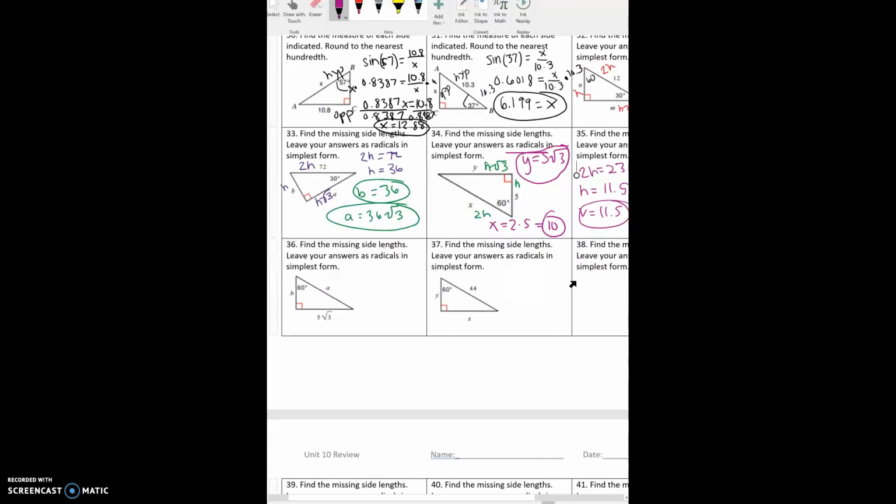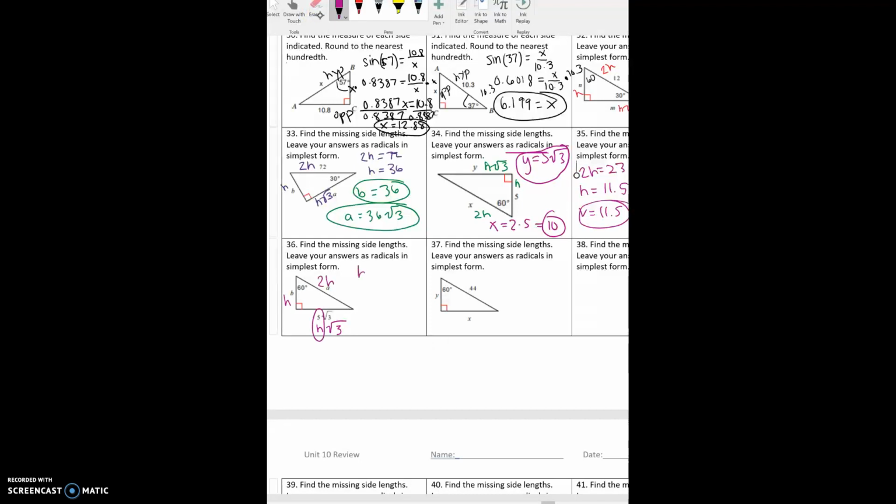Find the missing lengths. Leave your answers as radicals in the simplest form. 30, 60, 90. This is h times the square root of 3. This is h and this is 2h.